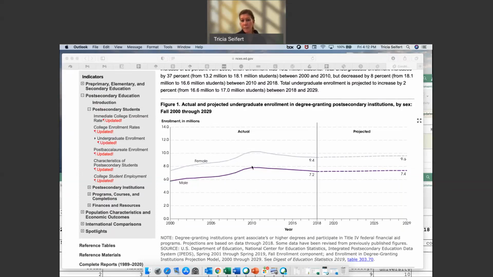Why might that have been? The recession. People go to university and college during a recession to gain skills that will then help them in the workforce, particularly when the workforce is hemorrhaging jobs. And then we have seen some tail off. And right now we continue.